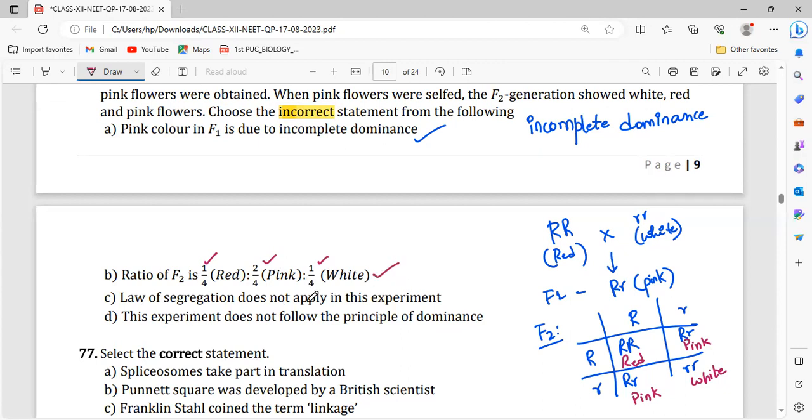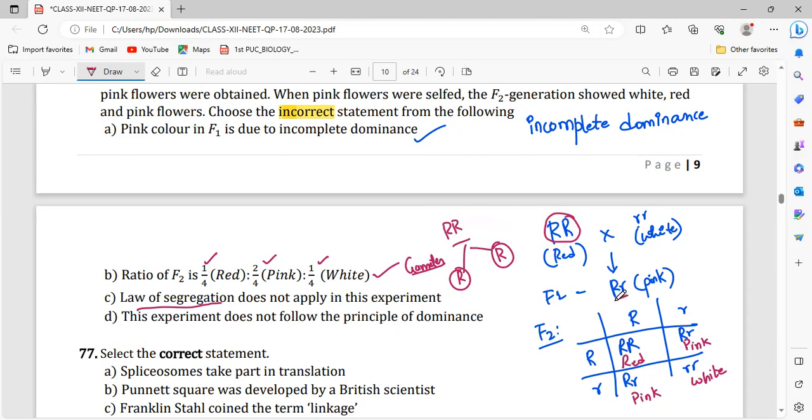Law of segregation does not apply in this experiment. Law of segregation says that during gamete formation, the alleles will separate, right? So if we take this parent, capital R capital R, the gametes formed will be capital R and capital R. Here both the alleles are segregating, right?